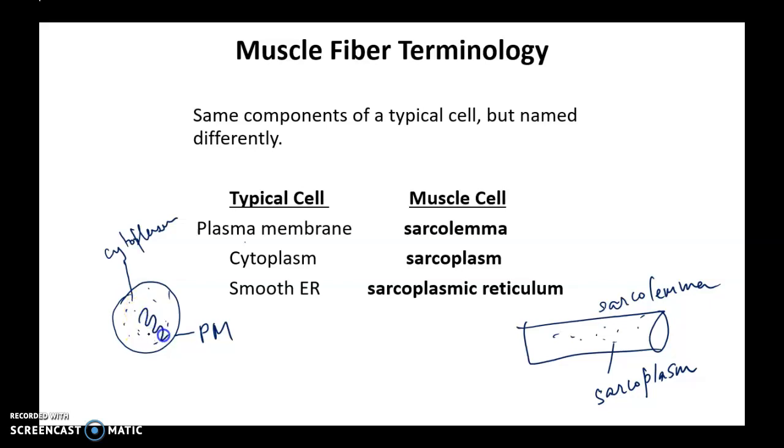So inside you have smooth endoplasmic reticulum. In case of a muscle fiber, this smooth endoplasmic reticulum runs like this. This is called sarcoplasmic reticulum. Okay? So you must know the different structures associated with the muscle fiber or the muscle cell.